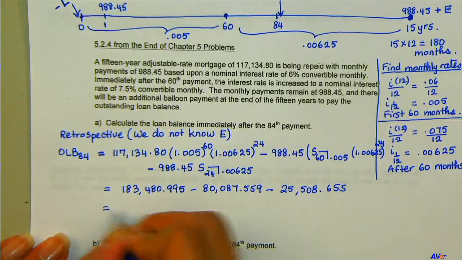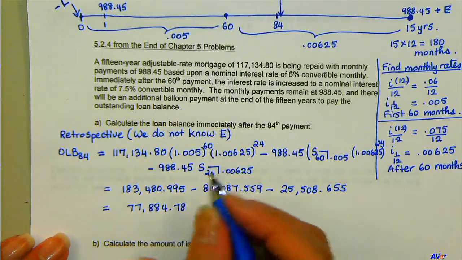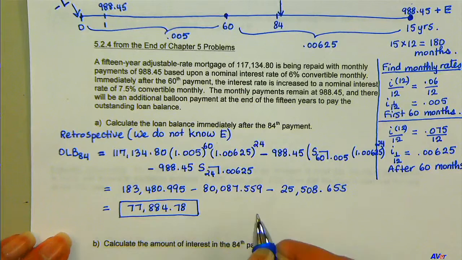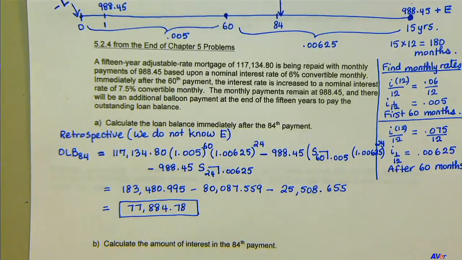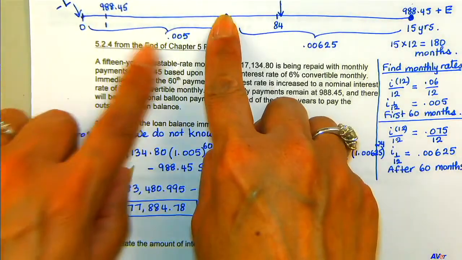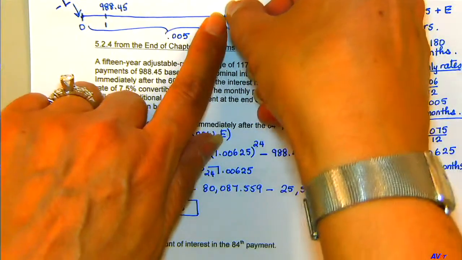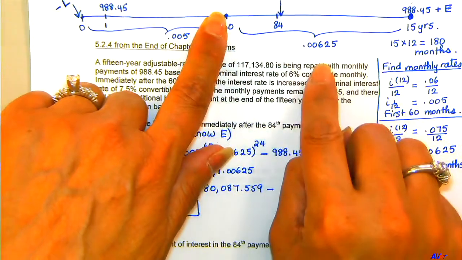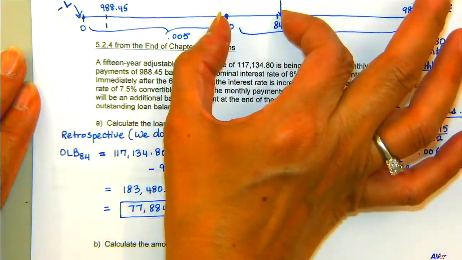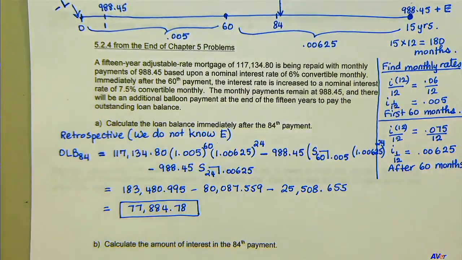And the final answer was 77,884.78. So because these payments have to accumulate at 0.005, and then their accumulated value has to be forecasted at a different interest rate, I separated these payments from these payments. Tell me what bothers you, if something bothers you.